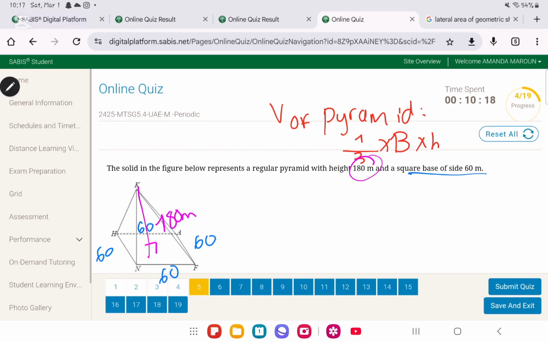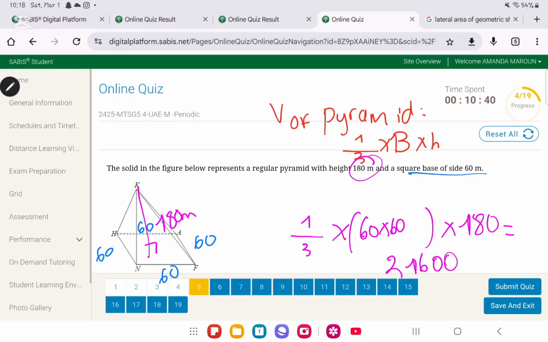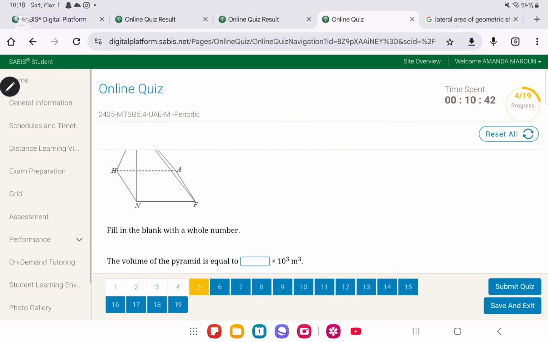it is 180 meters. So now the volume of this pyramid is going to be 1/3 times the area of the base, which is 60 times 60, times the height, which is 180. You put it on the calculator, 1/3 times 60 times 60 times 180, and you are going to get 216,000.